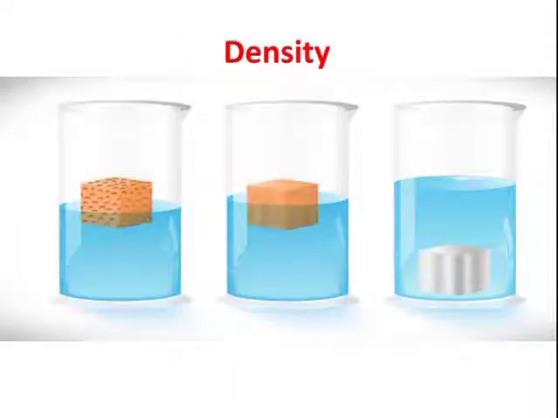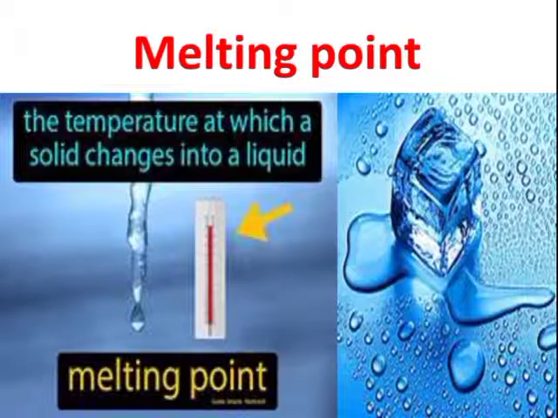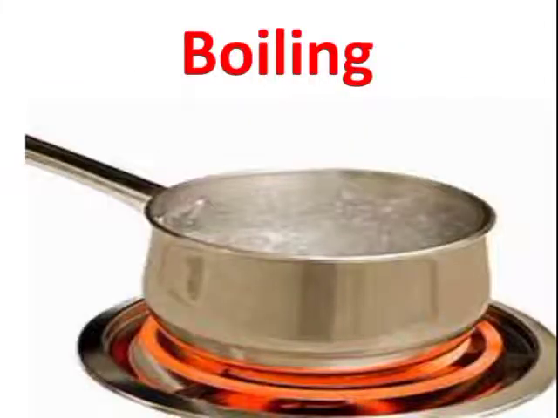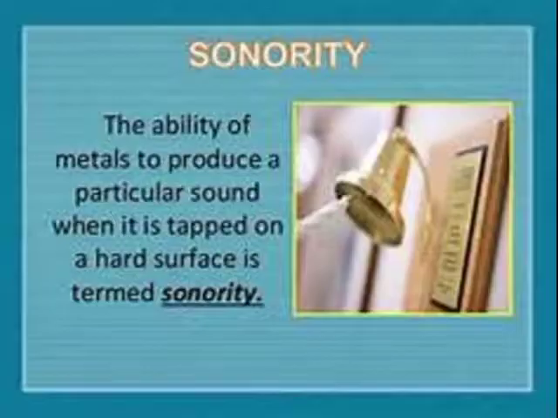Next property is melting point. The temperature at which a solid changes into a liquid is called the melting point. Generally, metals have high melting point and boiling point. Next property, we'll see sonority.